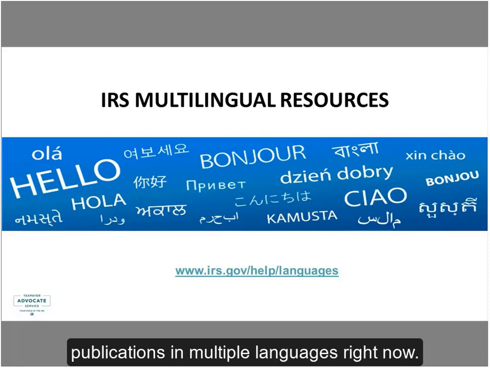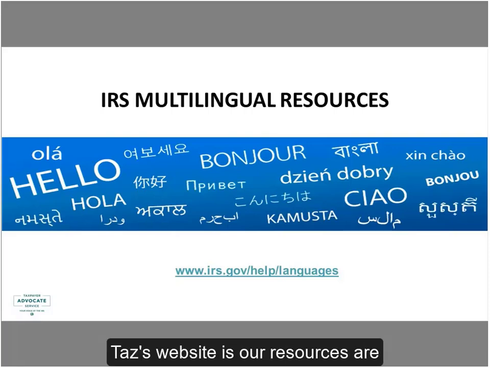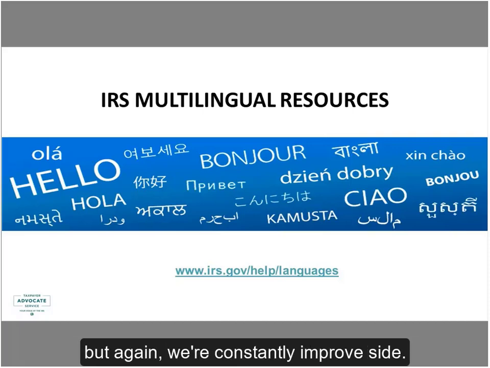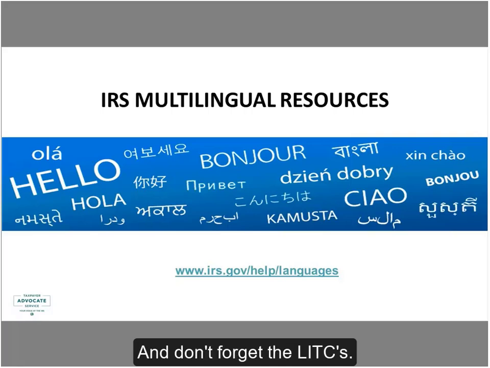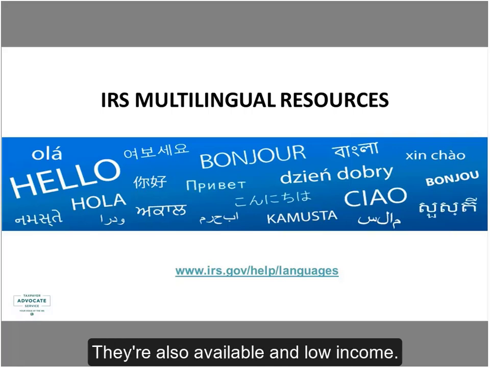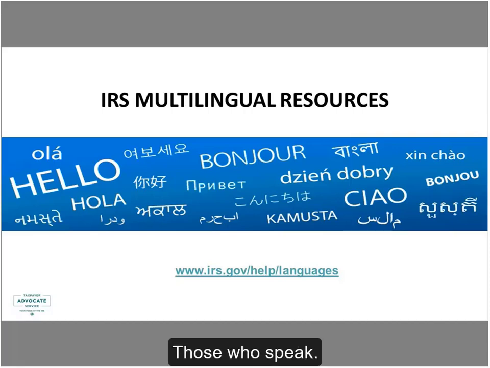You'll also find many IRS tax forms, schedules, and publications in multiple languages. Right now, TAS's website resources are only limited to English and Spanish, but again, we're constantly improving the website. And don't forget the LITCs. They're also available to represent low-income individuals who speak English as a second language.